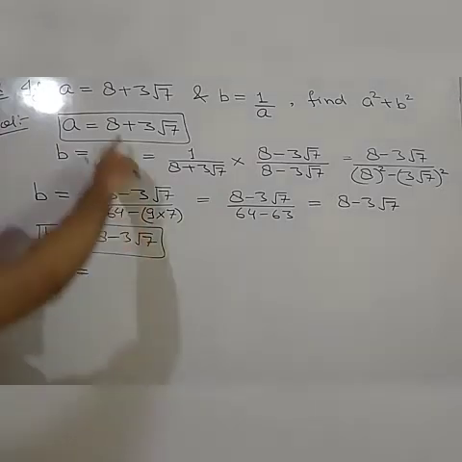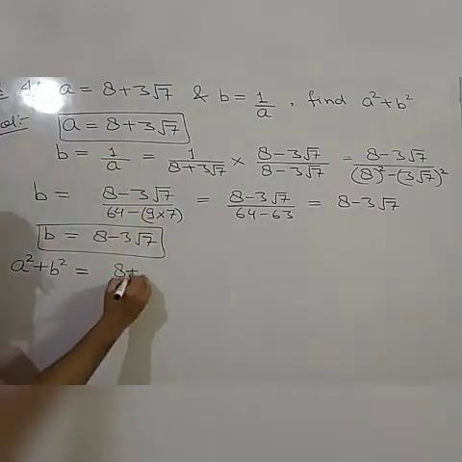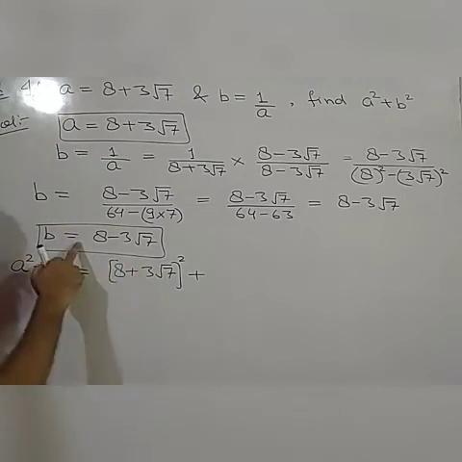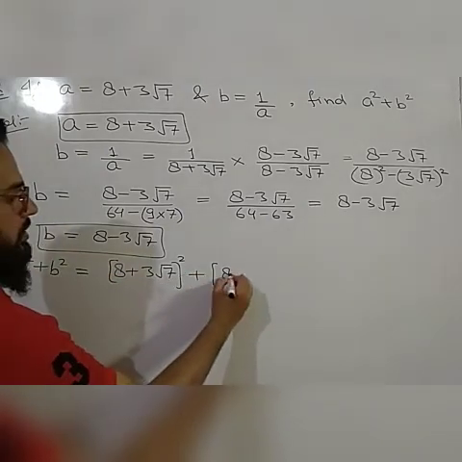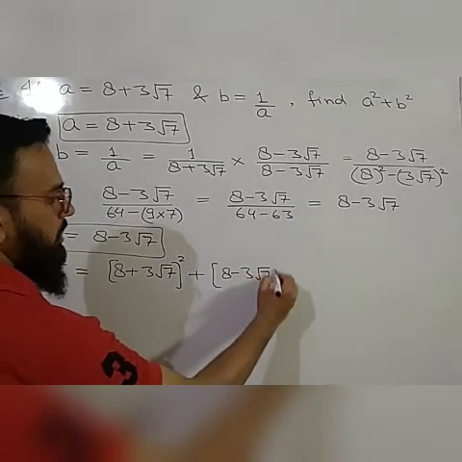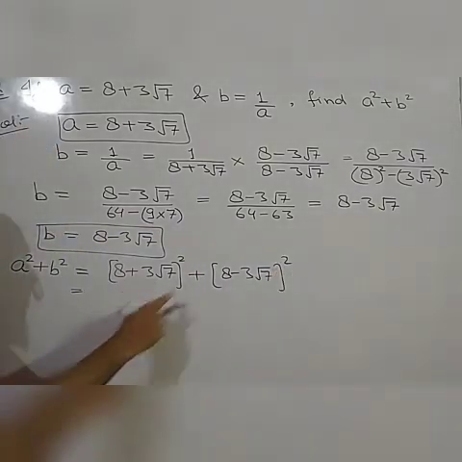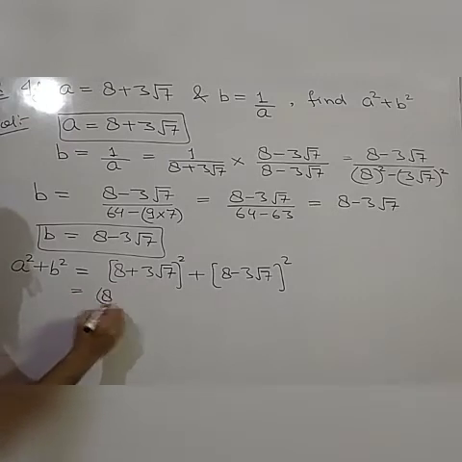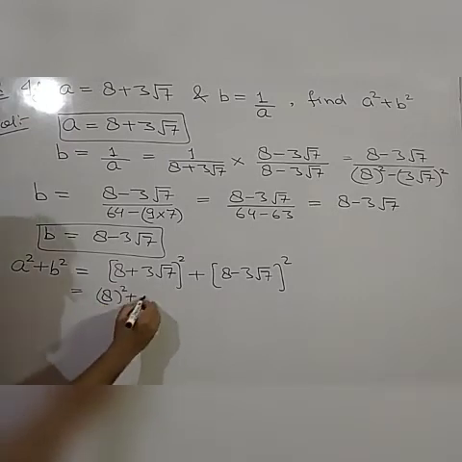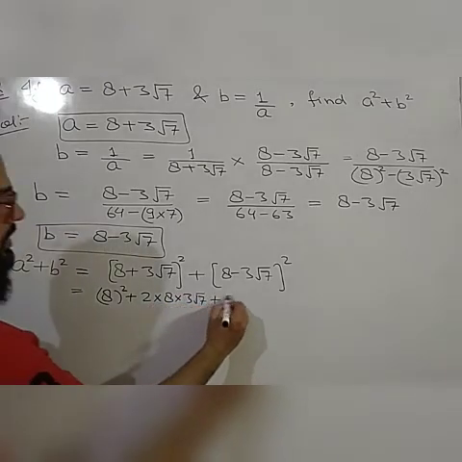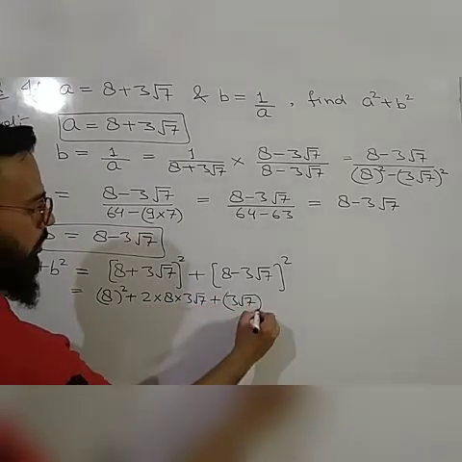a square plus b square will be equal to, put the value of a, here it is 8 plus 3 root 7 whole square, plus, what is b? b is 8 minus 3 root 7 whole square. Now expanding these identities, it is a plus b whole square, so it will be equal to 8 square plus 2 into 8 into 3 root 7 plus 3 root 7 whole square.